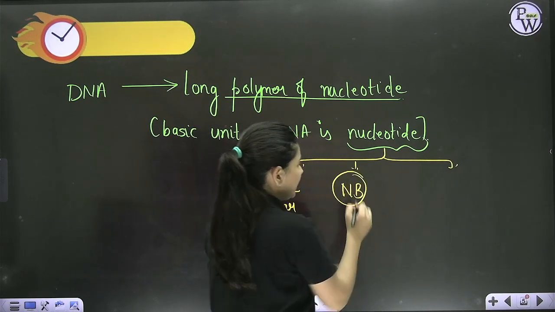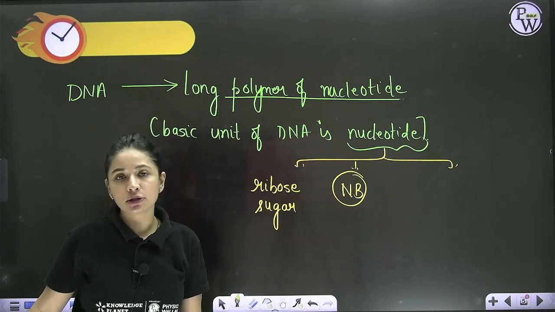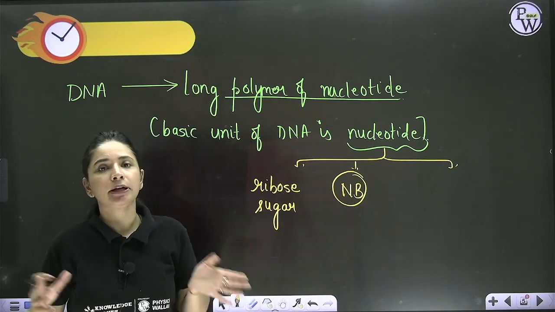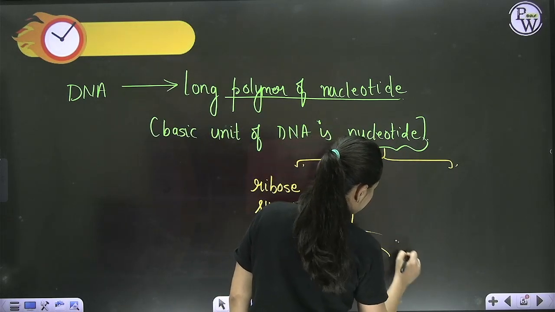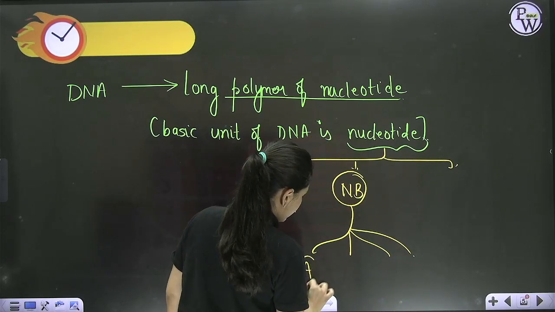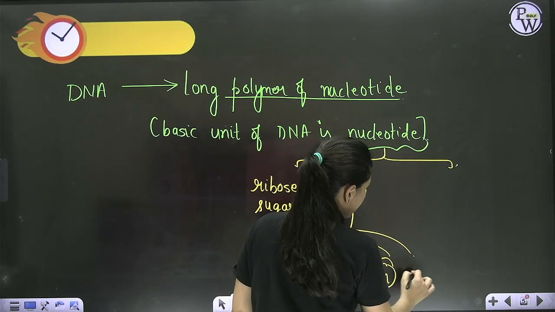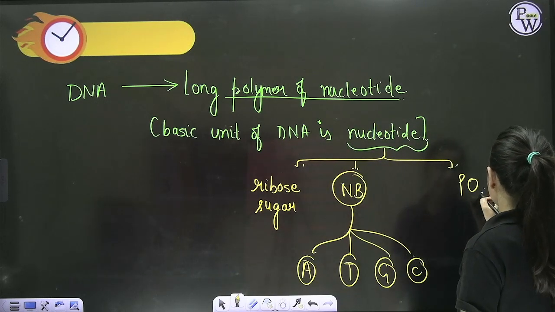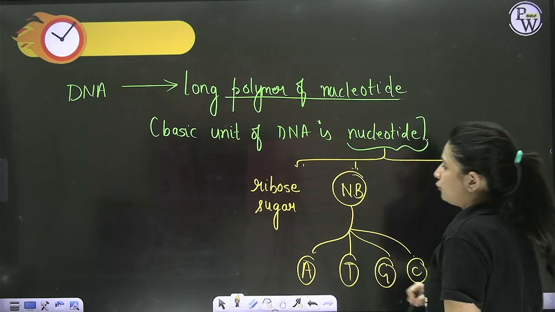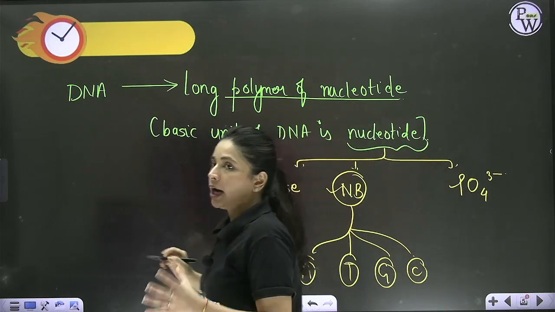It is the variable part of DNA because it can change. There are 4 possible nitrogenous bases: A for adenine, T for thymine, G for guanine, C for cytosine, followed by the phosphate group, right? So these are the 3 major components of a nucleotide.